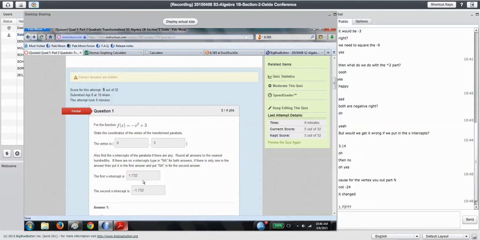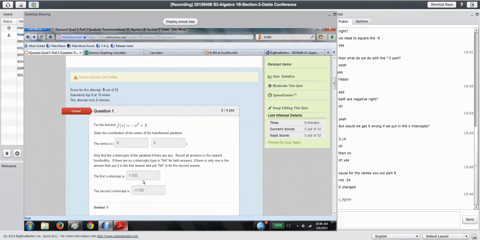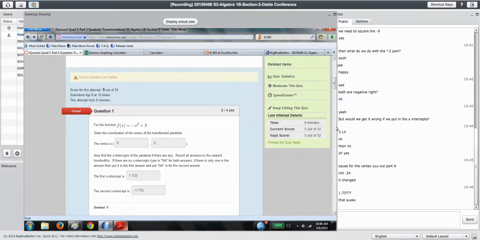I rounded it off. I apologize. You're right. I don't know how to make it give you credit for either. I guess you just have to try it again and put that in correctly. Got it?